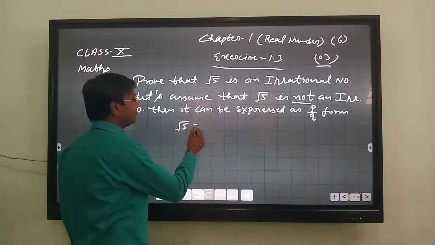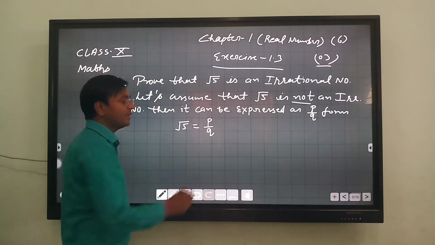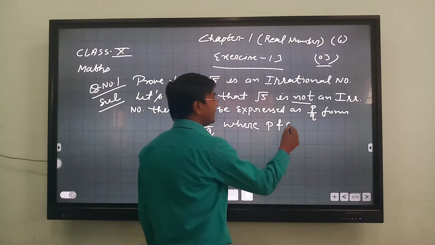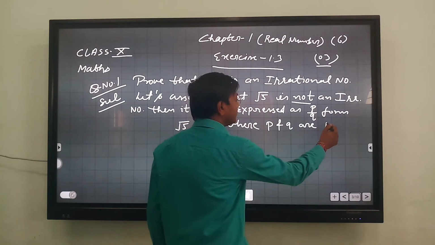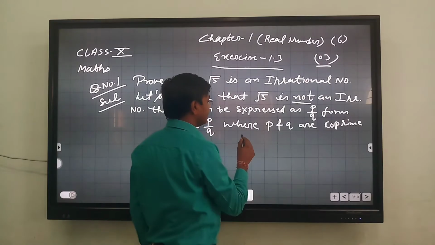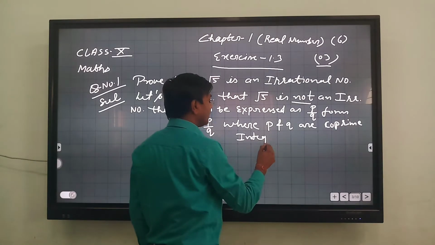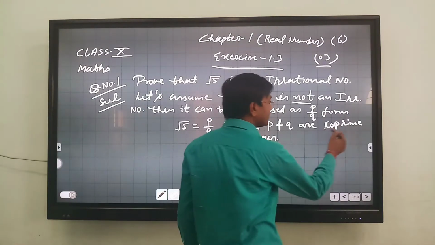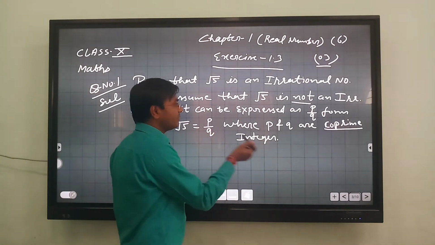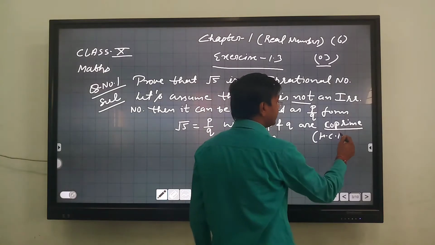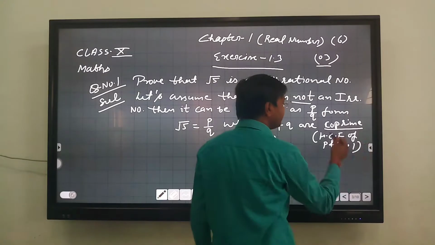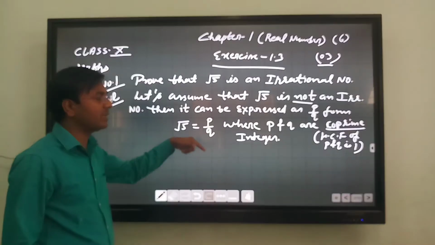So under root 5 equals p by q, where p and q are co-prime numbers or integers. Co-prime means p and q are in their simplest form, that is, the HCF of p and q is 1. The highest common factor of both numbers is 1.